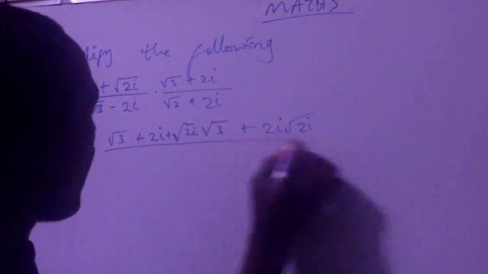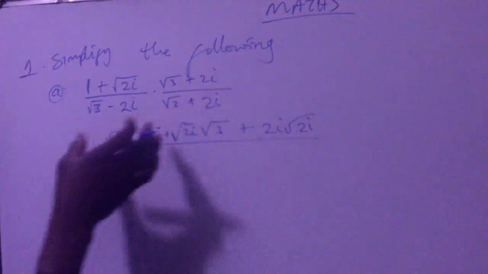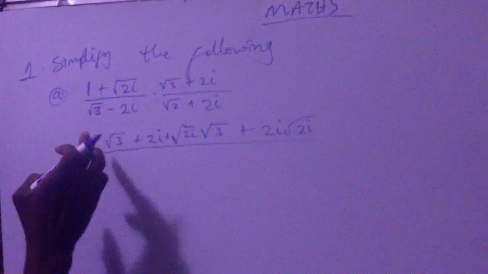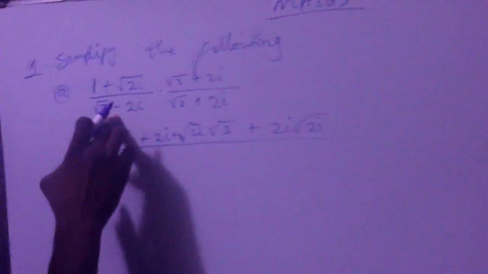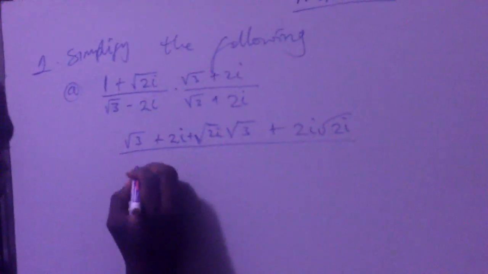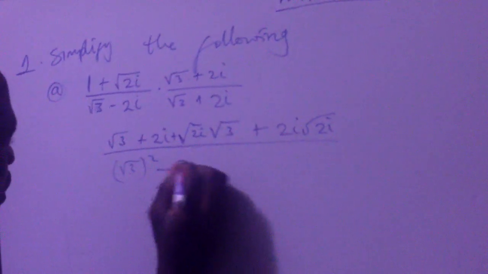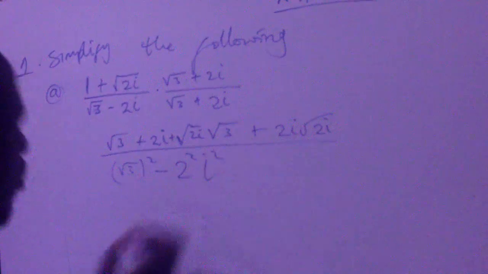Then over. Now coming to the denominator, forget about the positive part, just concentrate on the negative part. You square this number, you square this number, then you drop down the sign here. So we're going to say root 3 squared minus 2 squared, then i squared.